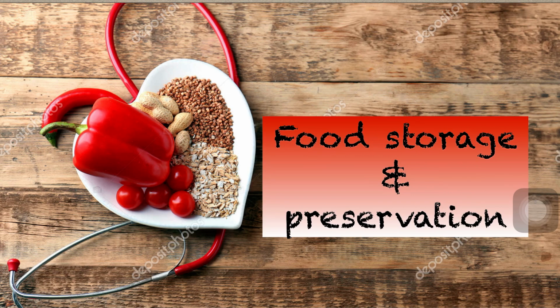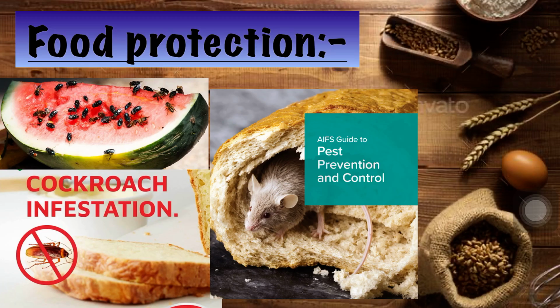We have learned about various methods of safe storage of food like freezing, drying, boiling, airtight packing, etc. These different methods prevent the growth of microorganisms in food and thereby save the food from spoiling. So student, food protection is the prevention of food spoilage by microbial growth and infestation by pests.